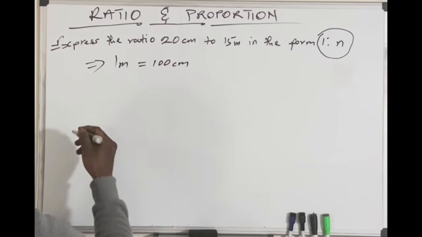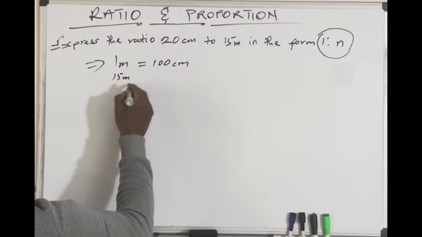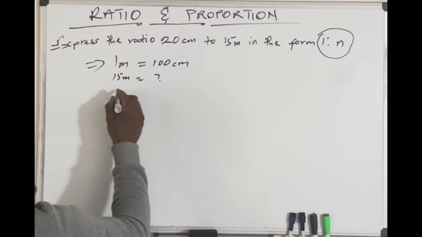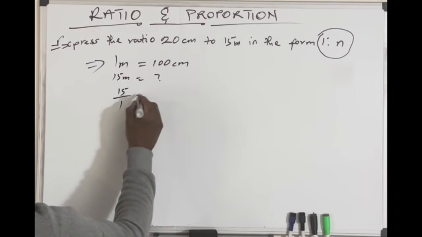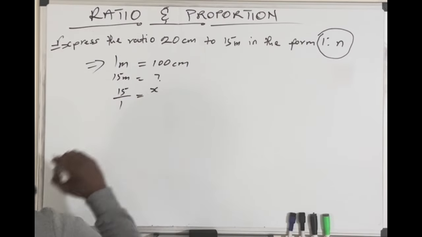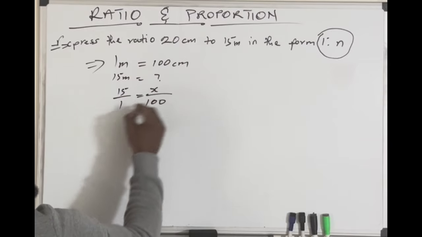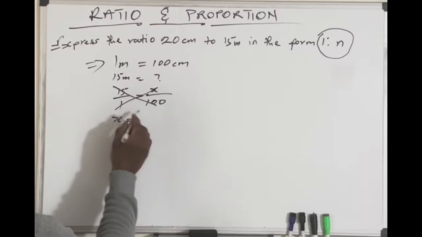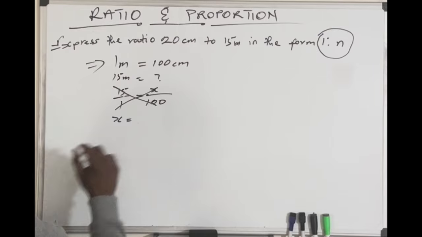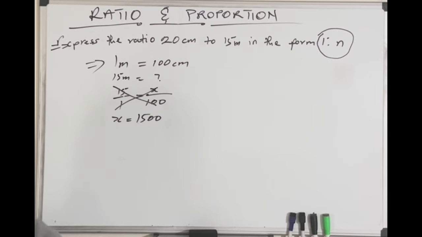So we want to change 15 meters to centimeters. So 15 over 1 is equal to, we don't know, we are yet to know, over 100. Okay, cross multiplication. So s is equal to 15 times 100, which will give us what? 1500. Okay, all right.